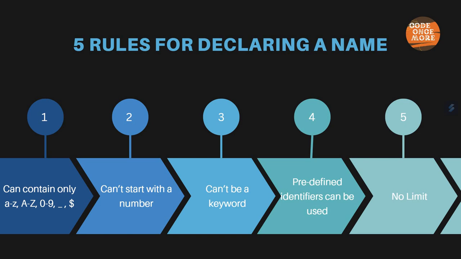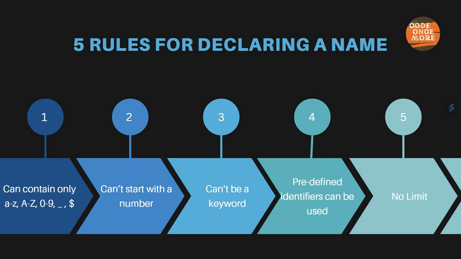And the fifth is no limit: while declaring a variable name, there is no limit on its length. The variable name can be very large or small. There is no limit.